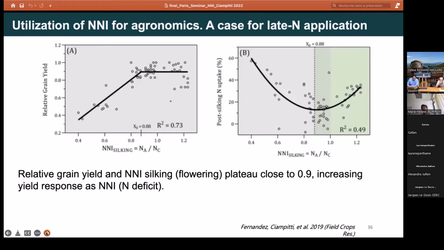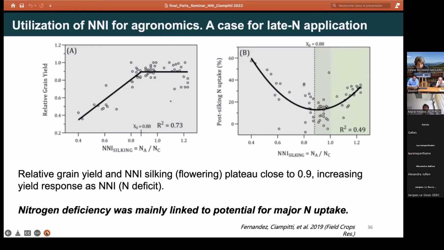And then we start looking at that, and you see panel B there, and it shows that as we start seeing deficiencies, the relationship is going up, and it's going up more clearly. In some situations we have close to 60% of the nitrogen coming after flowering, and in those situations the nitrogen nutrition index was extremely low. So the nitrogen deficiency was linked to the potential for uptake after flowering.